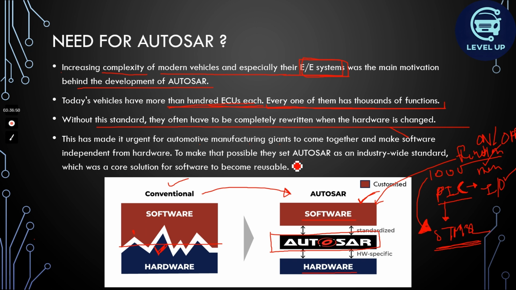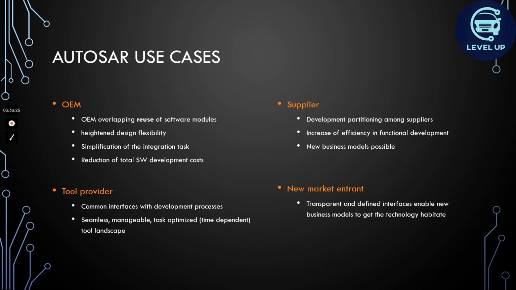It has become an industry-wide standard, and it has been made open source, and by that we make our software reusable. Whenever we replace the hardware, we are not replacing the code of 1,000 lines. Only 20-30 lines will be changed, and the remaining code will be the same, and that's what we call software reuse.